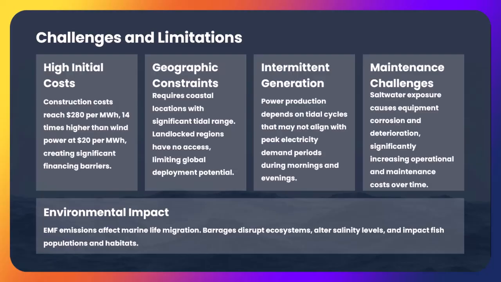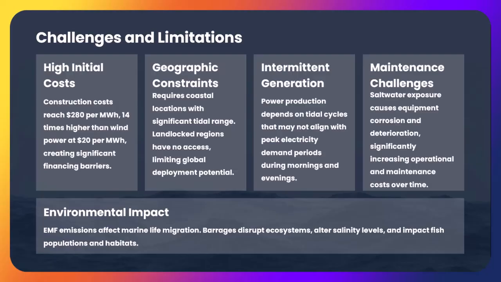So when you see the limitations, first is the initial high cost. Then you have geographic constraints. I cannot build everywhere; I can build only near the coast. Then intermittent generation. During high tide you have to store and then you have to release, so during some part I will have generation and some part I will not.